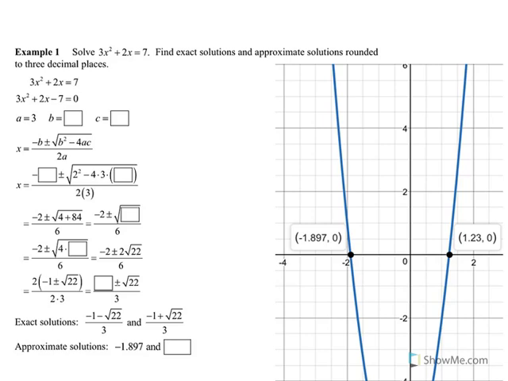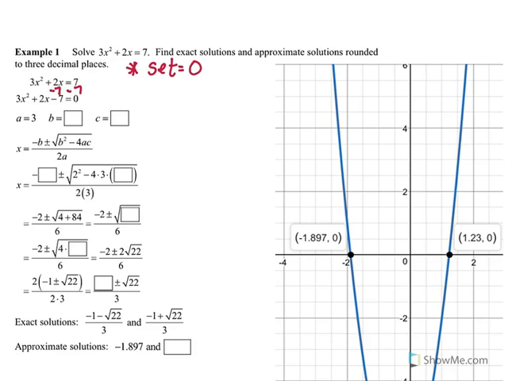So I have the equation 3x squared plus 2x equals 7. Find the exact solutions and approximate to 3 decimal places. So again, first I want to make sure my equation is set equal to 0 before I do anything. In order to do that, I have to subtract 7 from both sides, giving me 3x squared plus 2x minus 7.